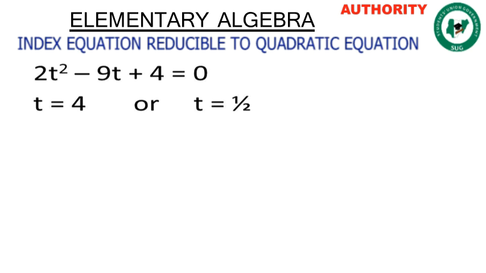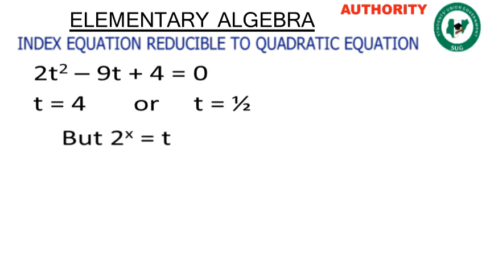Good. This is a quadratic equation. Now go ahead and solve. After your solving, t is equal to 4 or t is equal to 1 over 2. T is equal to 4 or t is equal to 1 over 2.